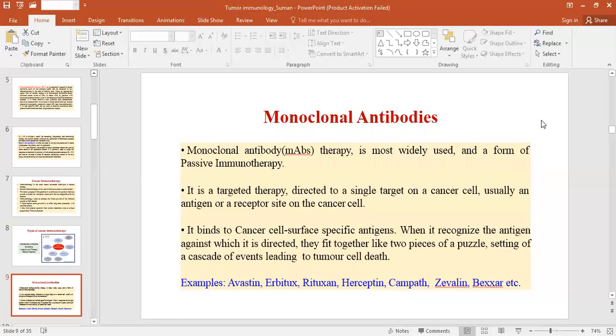MABs are immunoglobulins produced in the laboratory that specifically recognize and destroy cancer cells. The variable regions of anti-cancer monoclonal antibodies specifically recognize antigens which are exclusively or predominantly localized on the surface of tumor cells.